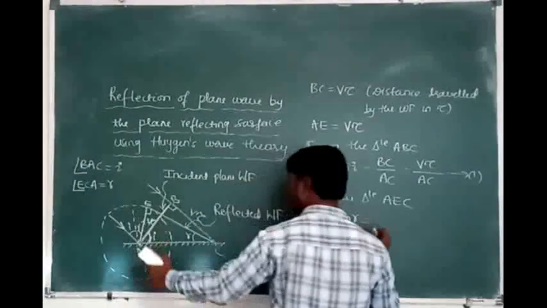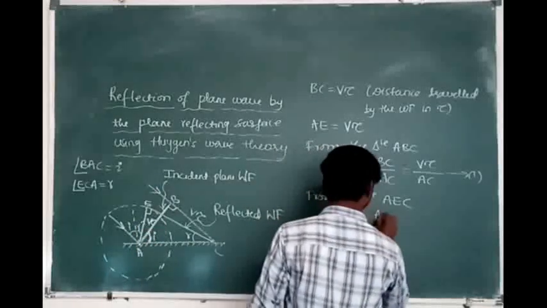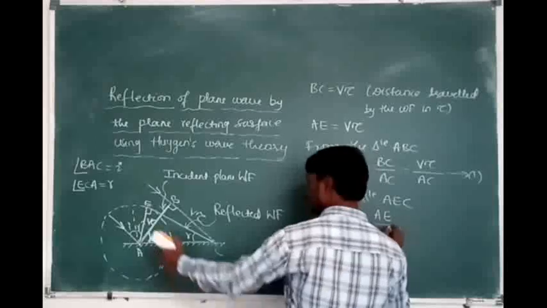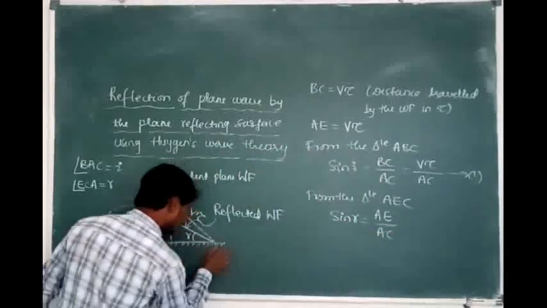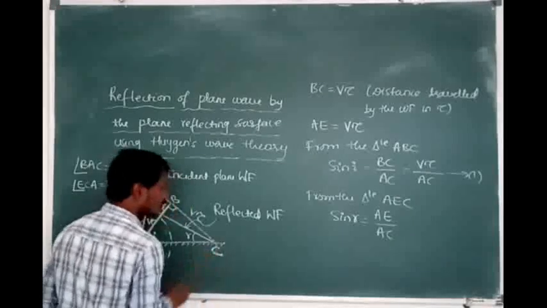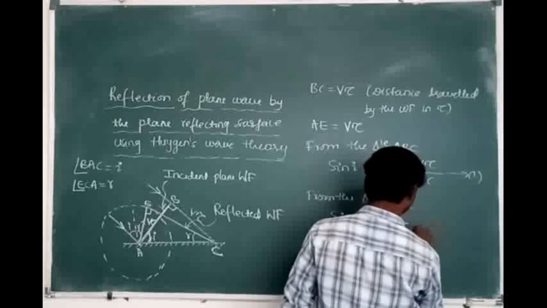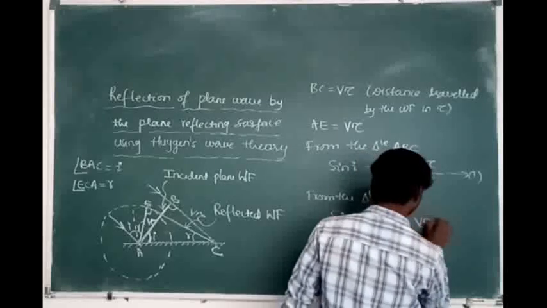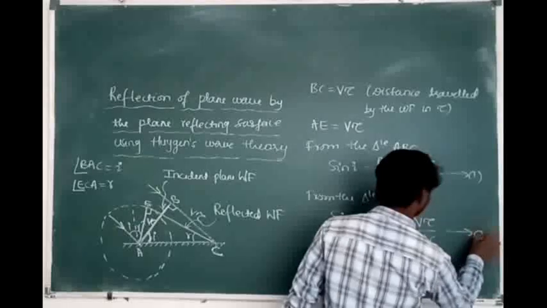Then opposite side divided by hypotenuse, AE divided by AC. What about AE? AE is again V into tau, so V into tau divided by AC. And it is equation number 2.